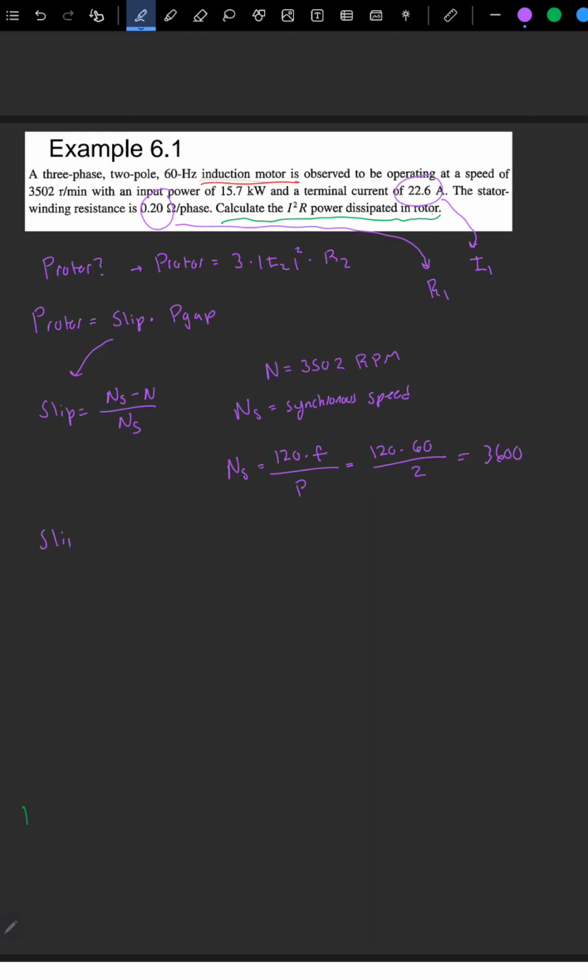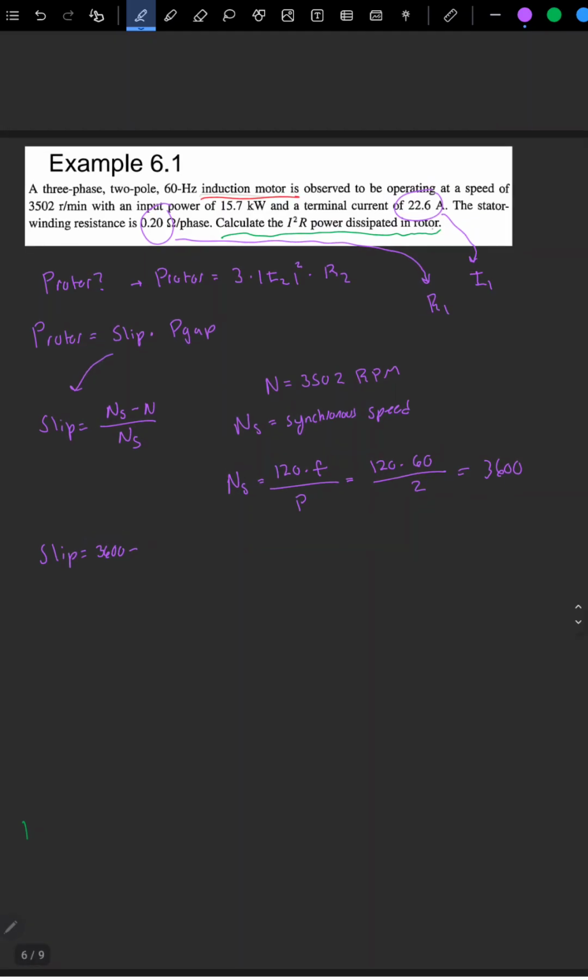So slip is going to equal 3,600 minus 3,502 over 3,600. Oops, I calculated it wrong.